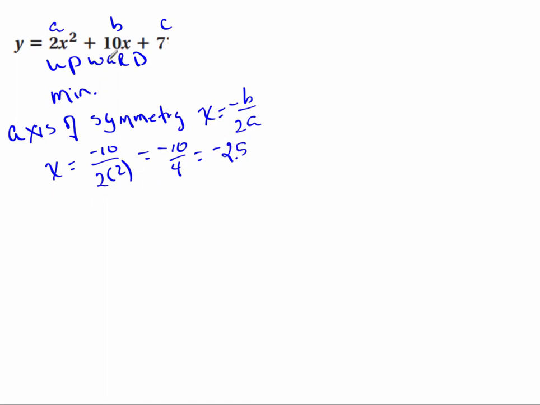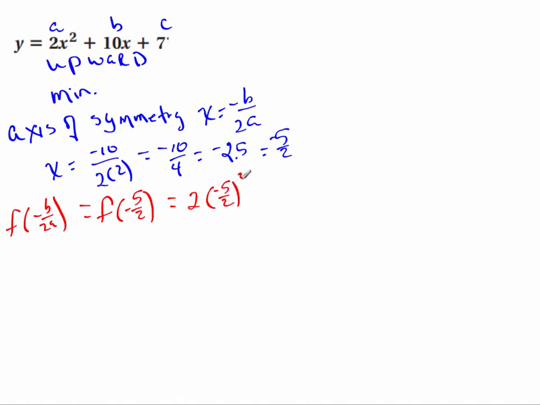Now to find the, actually, you know what, I'm going to leave this minus 5 halves. I'm going to leave it in fractional form because it'll make finding the y value of the vertex easier. So to find the function evaluated at minus b over 2a, I need to substitute in minus 5 halves. So this is going to be 2 times negative 5 halves squared plus 10 times minus 5 halves plus 7.